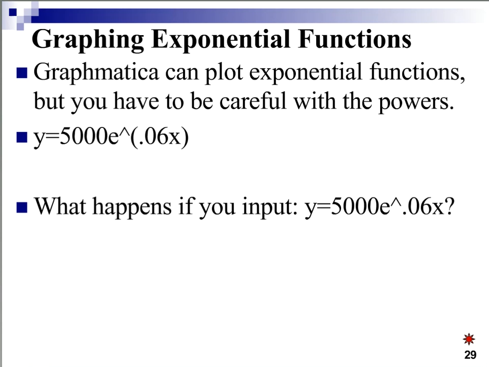If you don't, if you use something like you see in the second line, then what Graphmatica is going to do is it's going to do e to the 0.06 first, because it does powers first, then it's going to multiply all of that by x. And that's not what you want. You want 0.06 multiplied by x first, then that becomes the power on the e. So you do have to be real careful if you're putting this into the software.